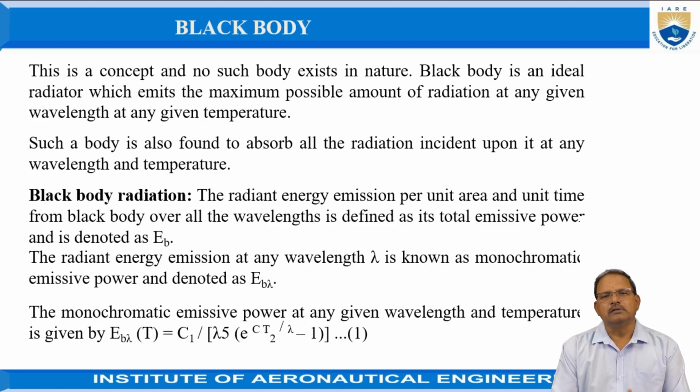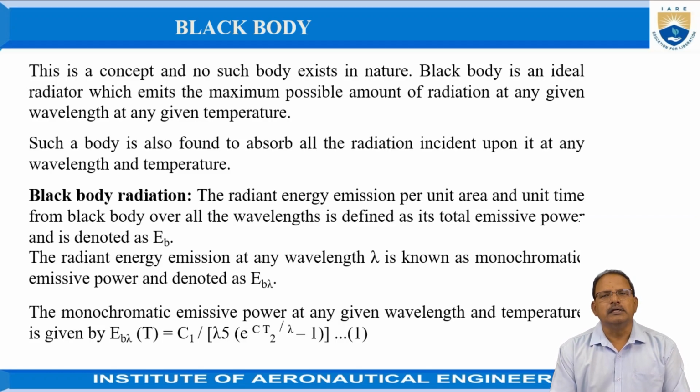That means the amount of its absorption is always proportional to the amount of energy that it emits. So for black body radiation, the radiant energy emitted per unit area per unit time from a black body over all wavelengths is defined as the total emissive power. It is denoted by capital E_B.